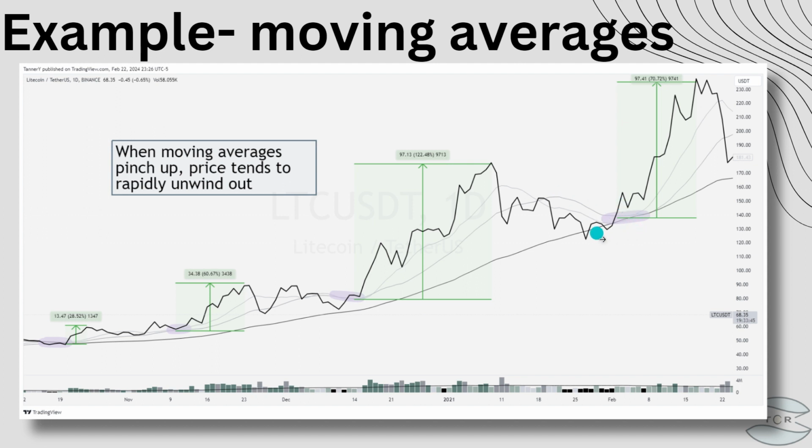So when you're looking for entries on anything really, I think if you're entering as close to those moving averages, and if you can get as many of them tightened up as they can, that's going to give you the best opportunities for risk reward on your entries, right? If you're just buying into the hype, yeah, you can do well over a long period of time if you're in something that's good and that you believe in.